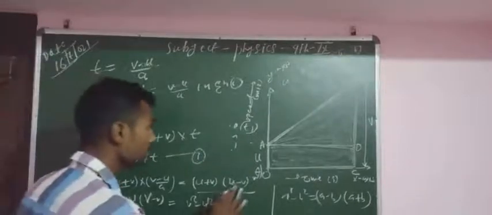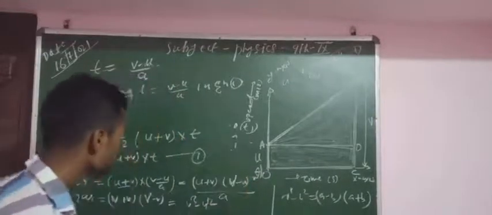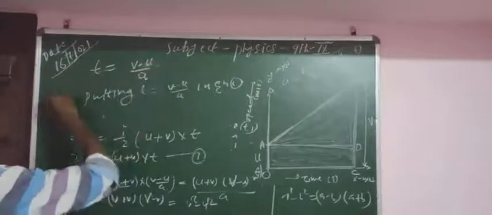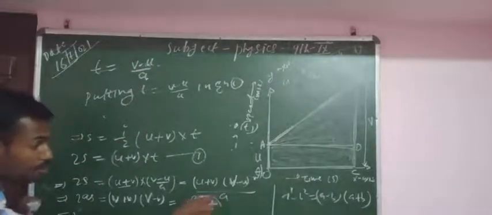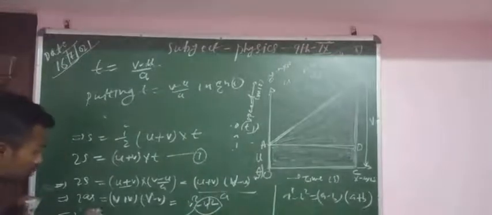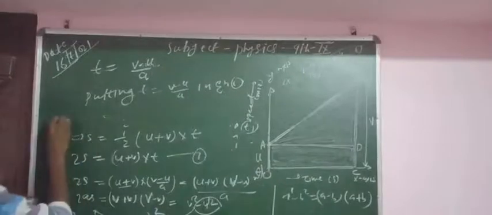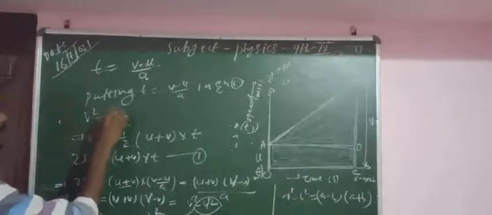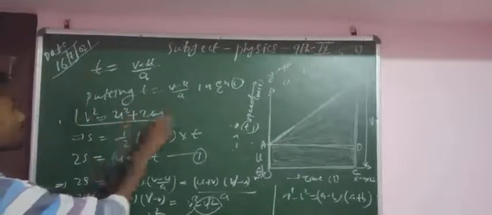Now we have v square minus u square equals 2as. We will move u to the other side; the minus becomes plus. That means u square plus 2as equals v square. So finally v square equals u square plus 2as, which is the third equation of motion.